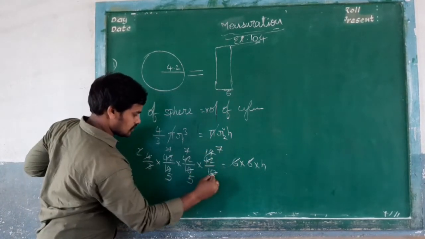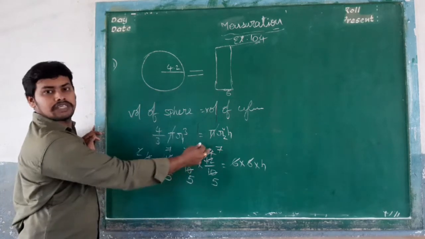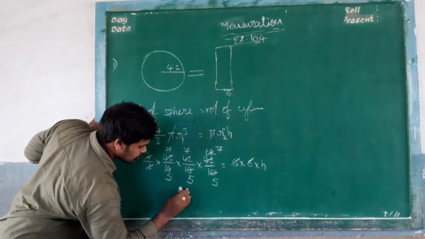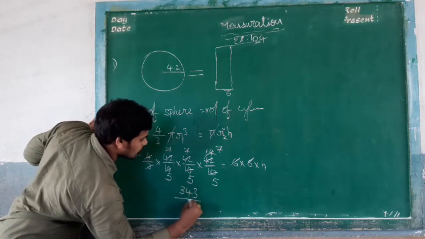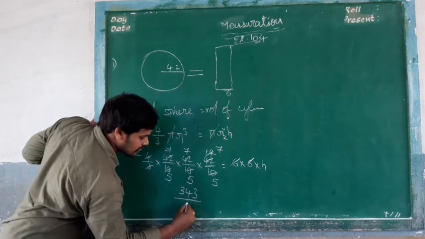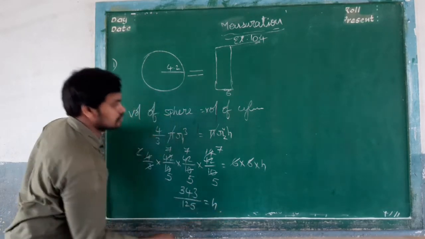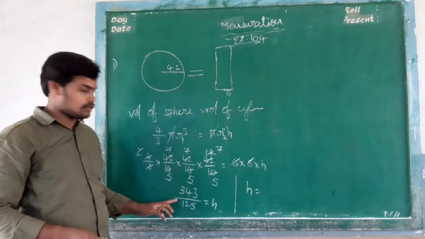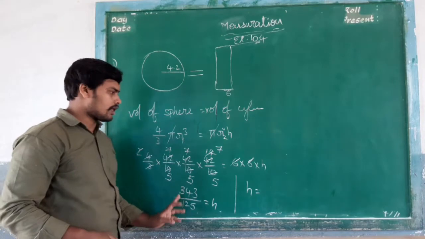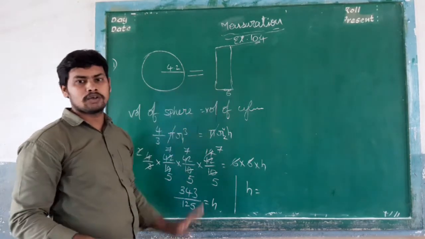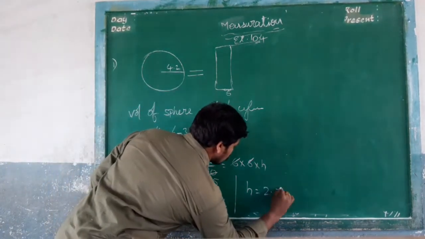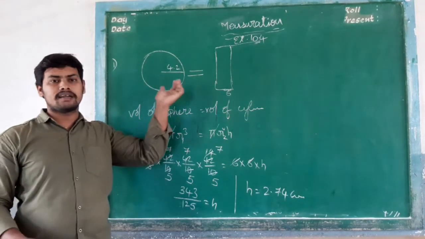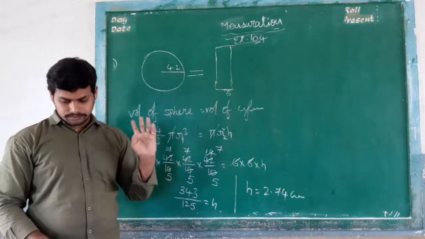Again this is 7 times and this is 5 times. 7 into 7 into 7 is 343, divided by 5 into 5 into 5, 125, so its value is 2.74. The height of this cylinder is 2.74 centimeters. Whenever melted and recast, their volumes must be equal.